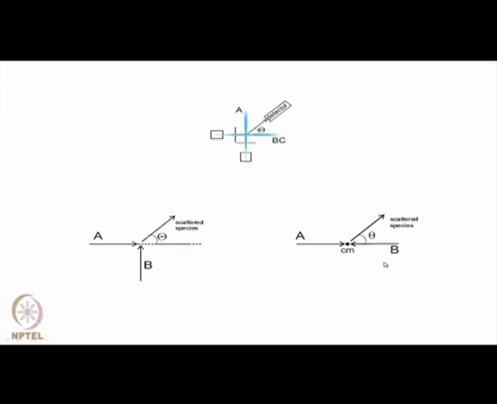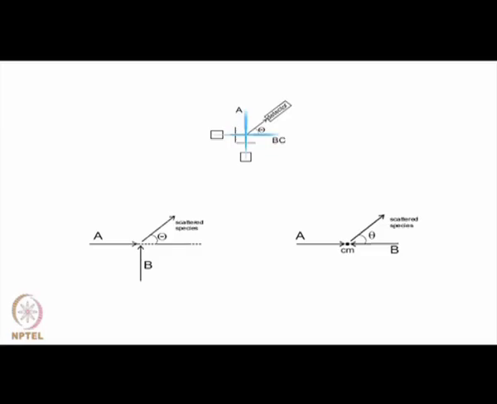So, you have to convert to the center of mass system, because in this case it is more important to talk in terms of the relative motions rather than with reference to a laboratory frame.